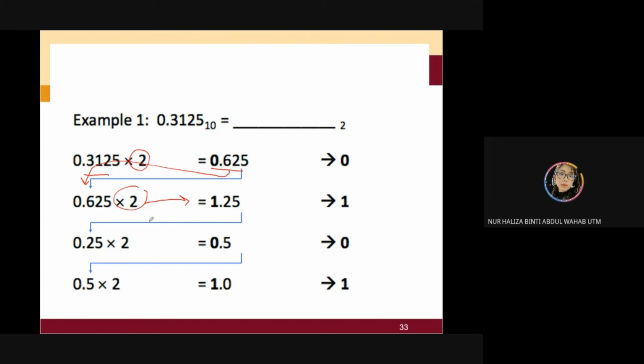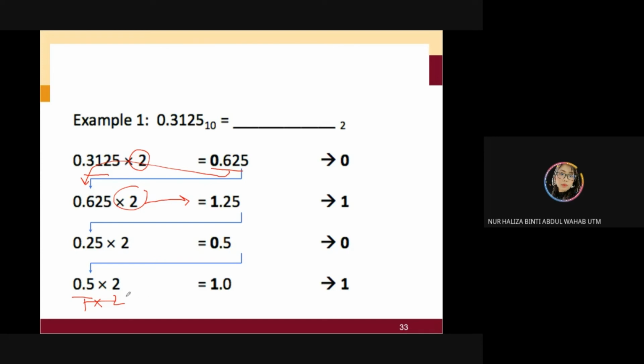You will repeat until you get 0 value for the fraction, and there is no more. Let's say you can see over here, until 0.5, you times 2, you will get 1.0. So no need for you to repeat 1 times 2, because it's going to be similar things, and then 1 times 2 and so on.